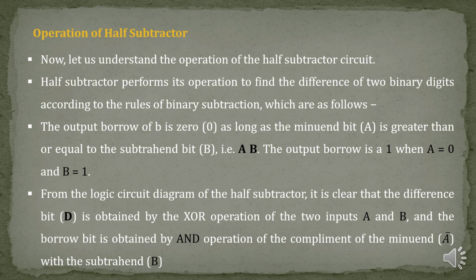From the logic circuit diagram of half subtractor, it is clear that the difference bit D is obtained by the exclusive OR gate operation of the two inputs A and B, and the borrow bit is obtained by AND operation of the complement of the minuend, A bar, with subtrahend B.